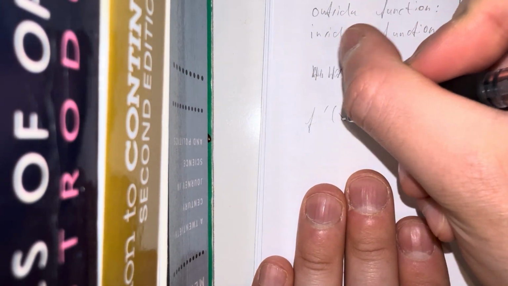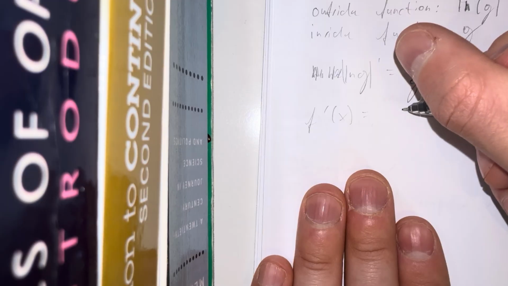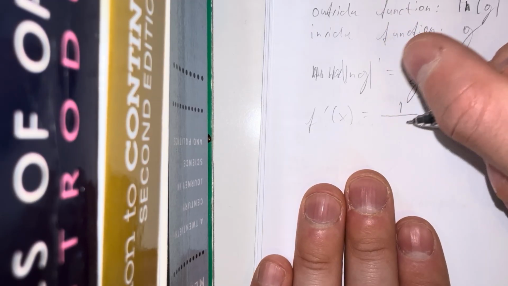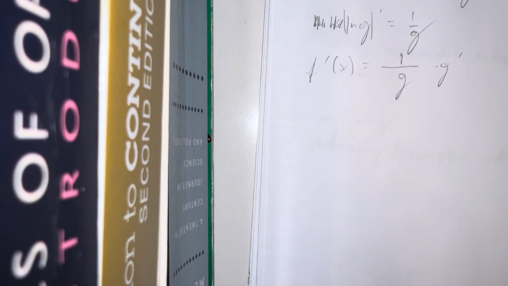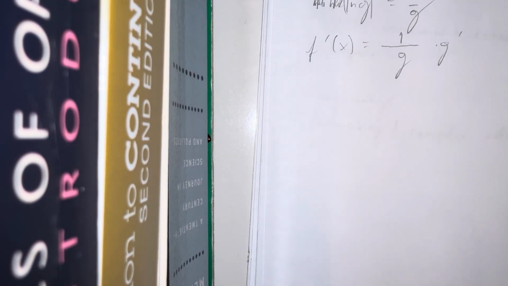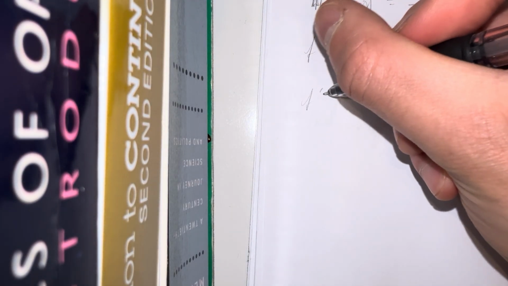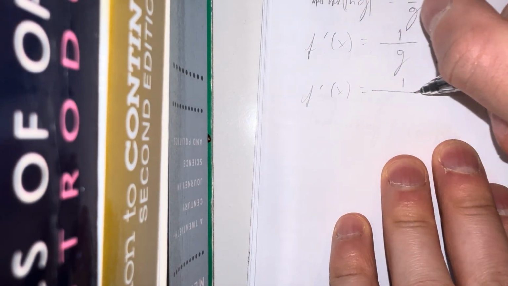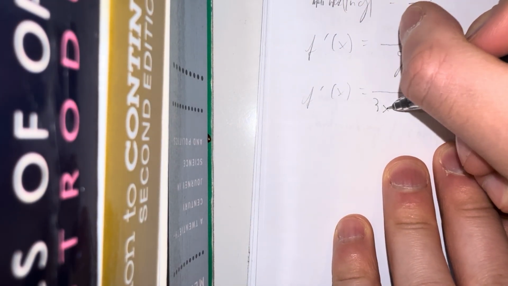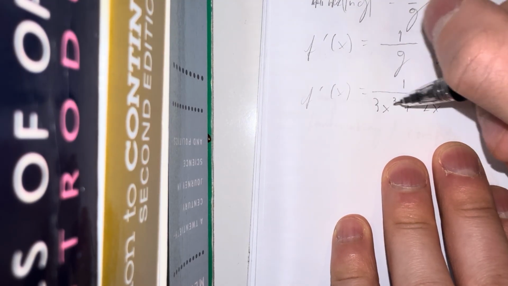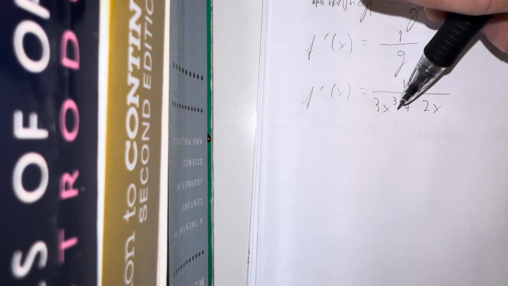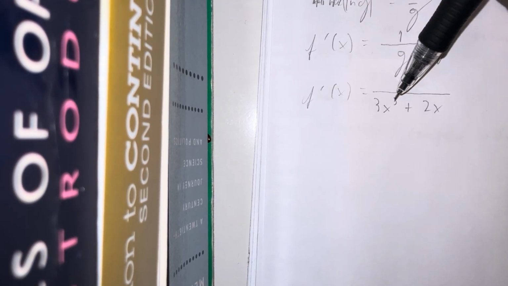So we begin. F marked of x is equal to 1 over g times g marked. 1 over 3x cubed plus 2x. And we don't do the derivative of this inside function at this point.